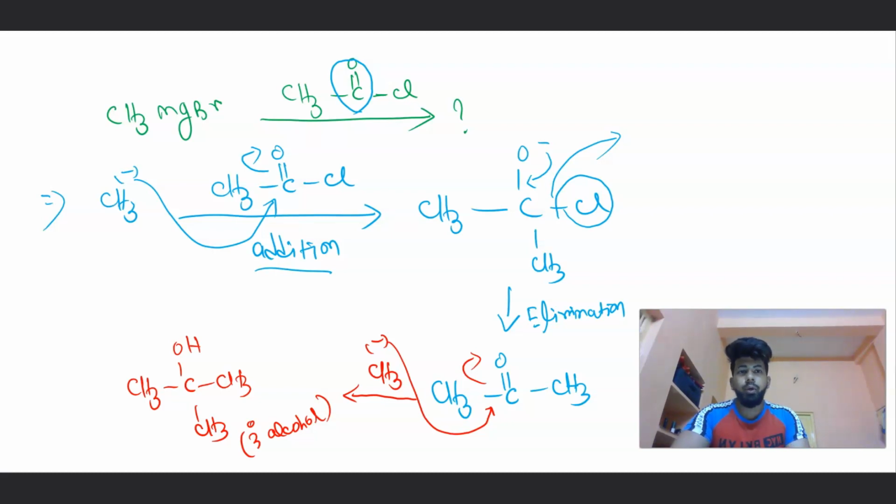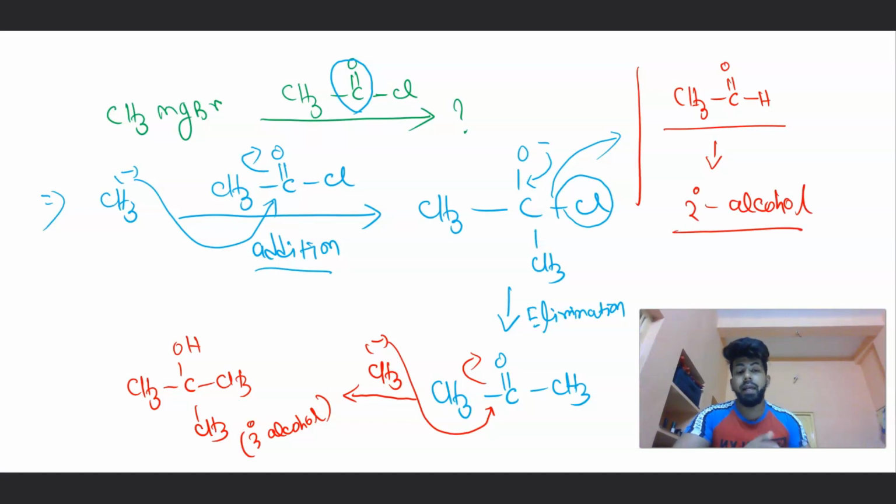What if we add aldehyde in case of ketone? Suppose we add acetaldehyde, that is CH3 C double bond O H. If we add acetaldehyde, the addition reaction will take place and after that we will get 2-degree alcohol.